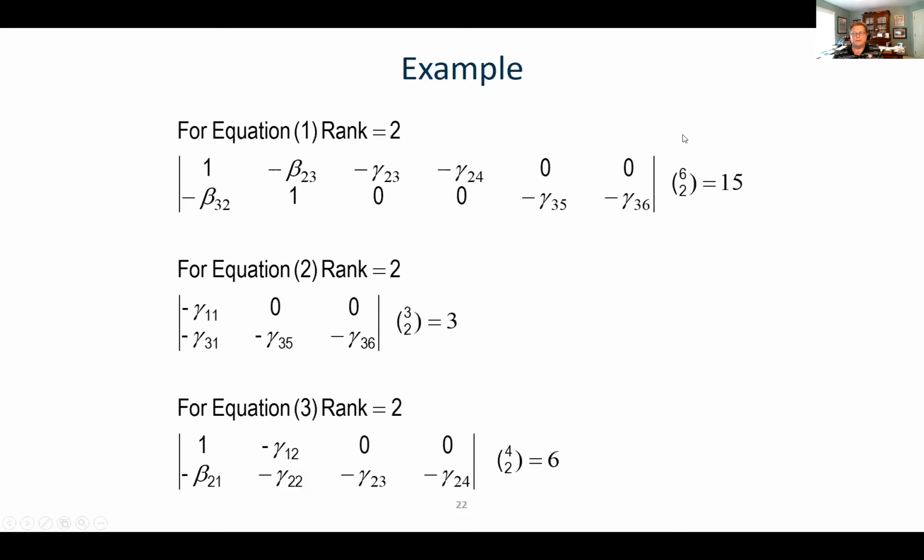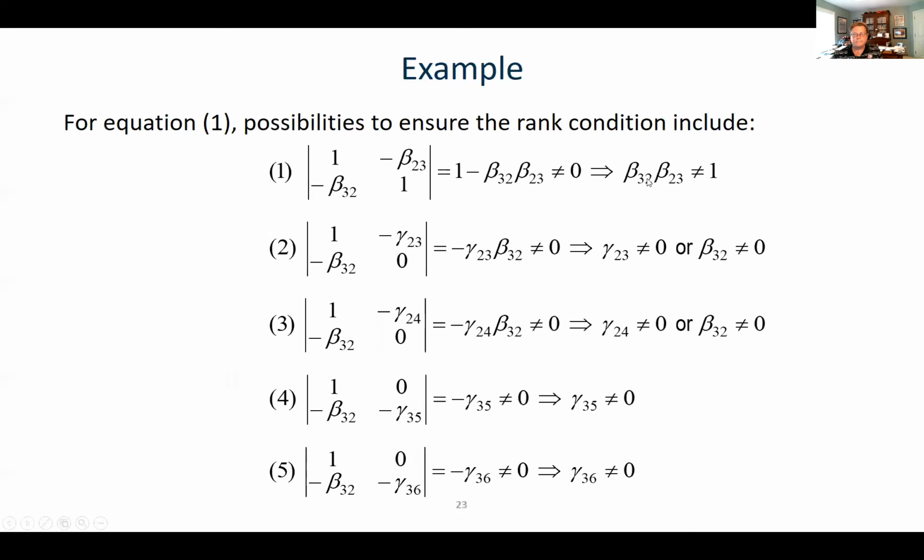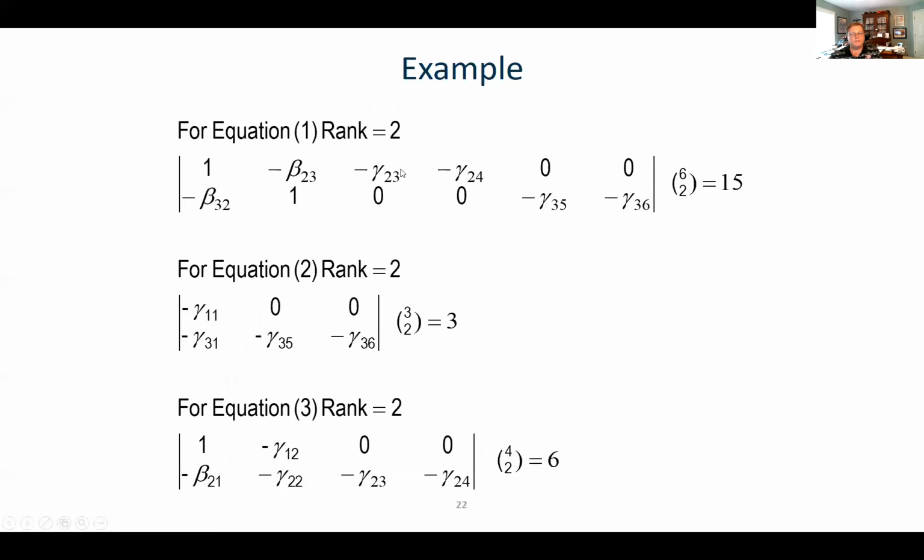So if we look at the first equation, one 2 by 2 matrix we can make from that submatrix would be this one: 1, negative beta 2,3, negative beta 3,2, and 1.